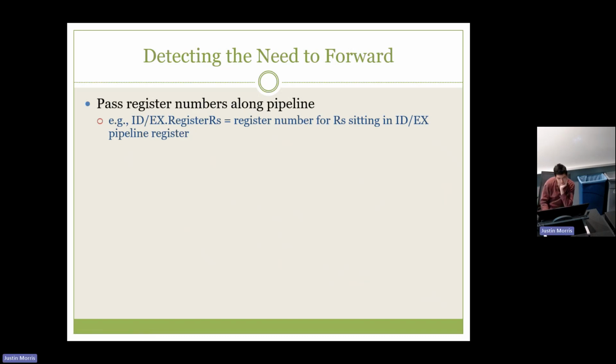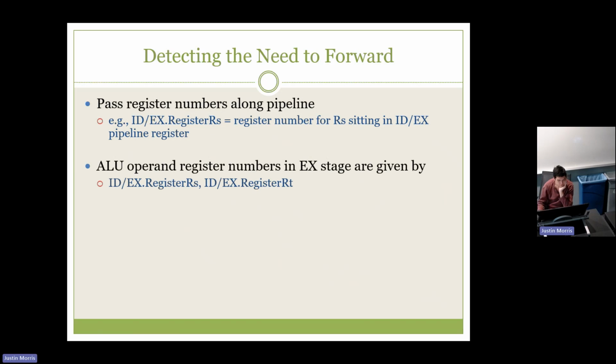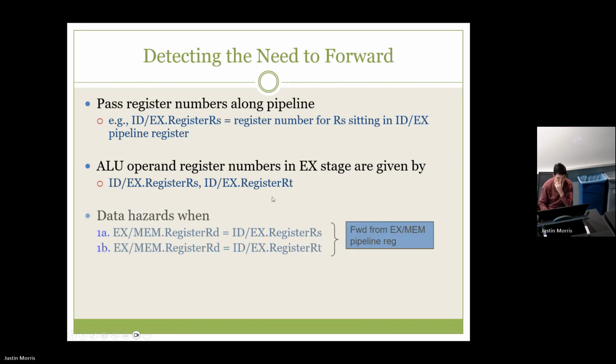So here is our equation. We need to pass these register numbers along the pipeline. And then the ALU operand register numbers in the execute stage are going to be given by, this is my pipeline register, RS, my first operand, RT, my second operand. We have data hazards when the execute and memory register destination is the same as RS or the same as RT, and write back is 1, like it's going to write to a register.